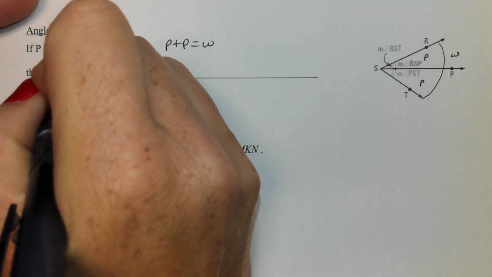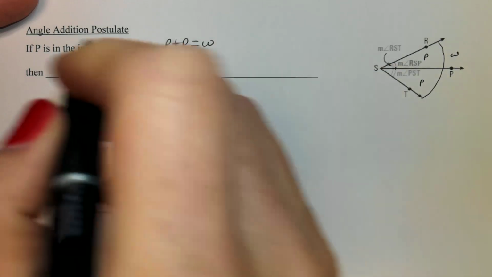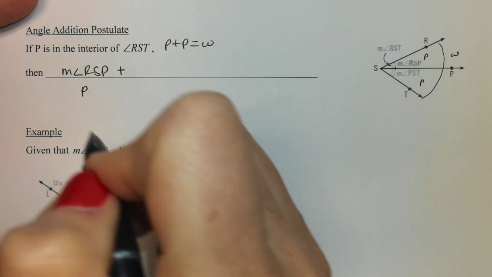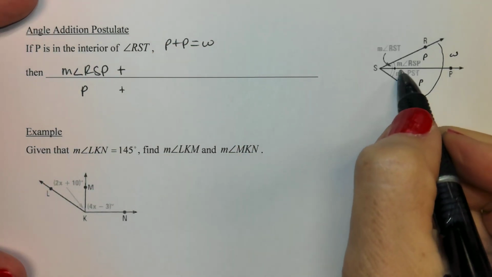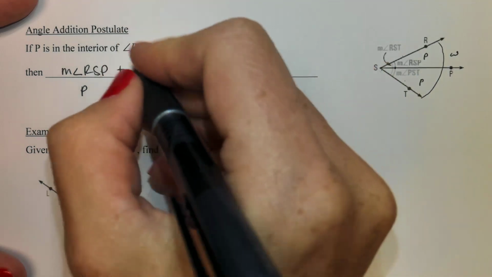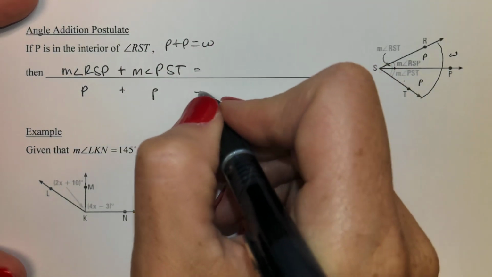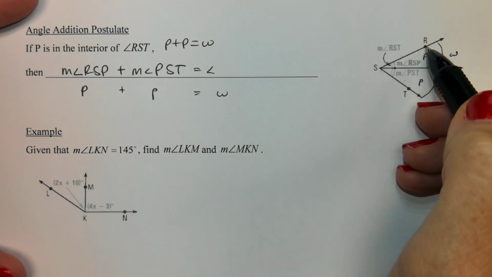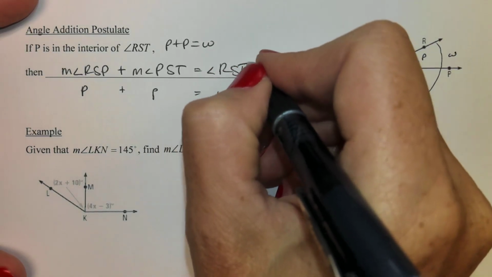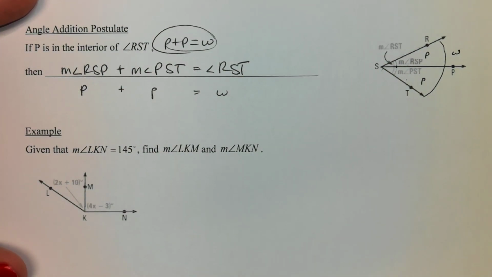So if we took angle RSP, if we knew that measure, and we added it to our other part right here, PST, so top plus bottom, then we should equal the whole thing, and the whole angle would be along the outside, so RST. So our part whole thing works for segments, and also works for angles.